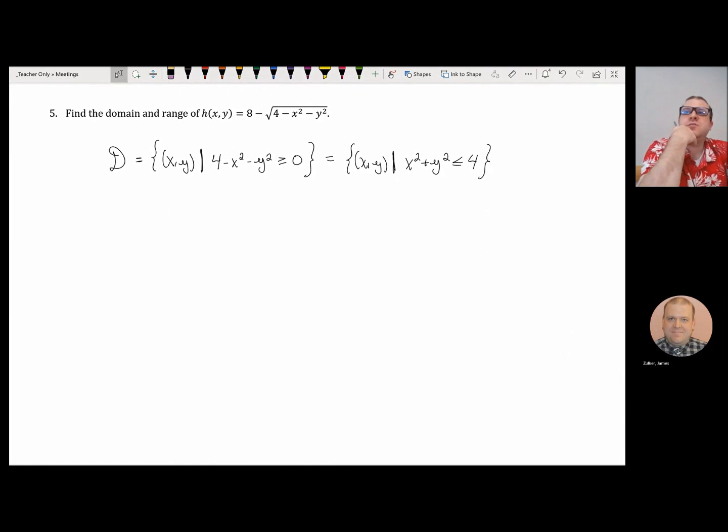This domain is easier to visualize. That's a closed disk of radius 2.